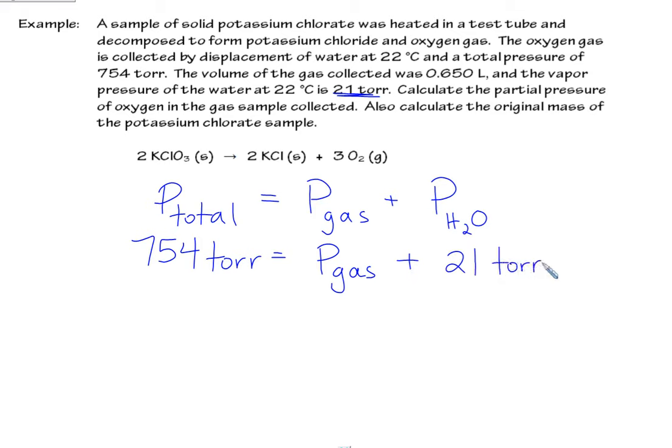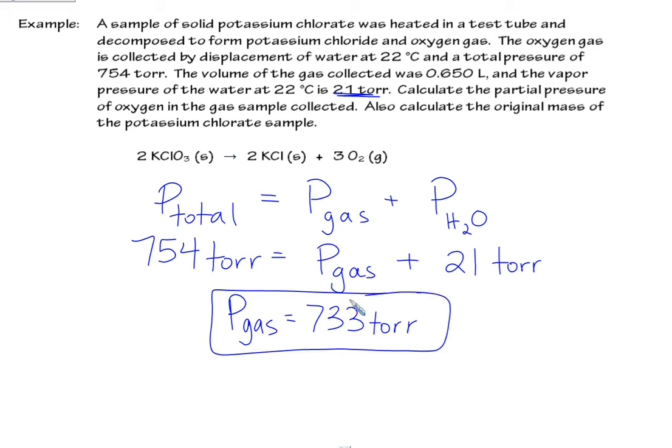Now this becomes a very difficult calculation. All we have to do is subtract off the pressure from the water vapor. The remaining pressure is coming from the gas collected. So P gas, pressure of the oxygen gas, in this case, is 733 torr. Bingo. That wasn't so bad, right?